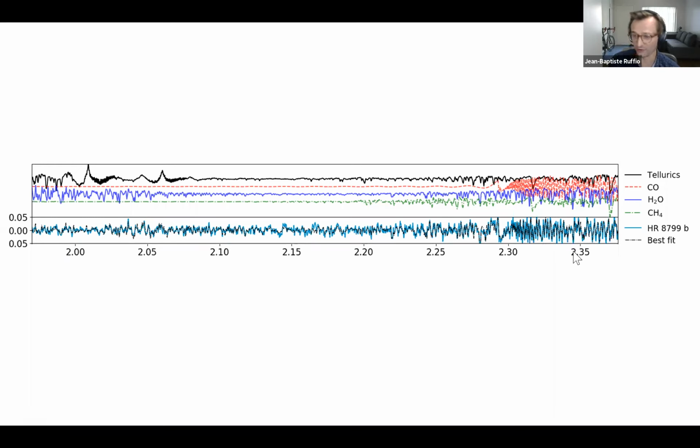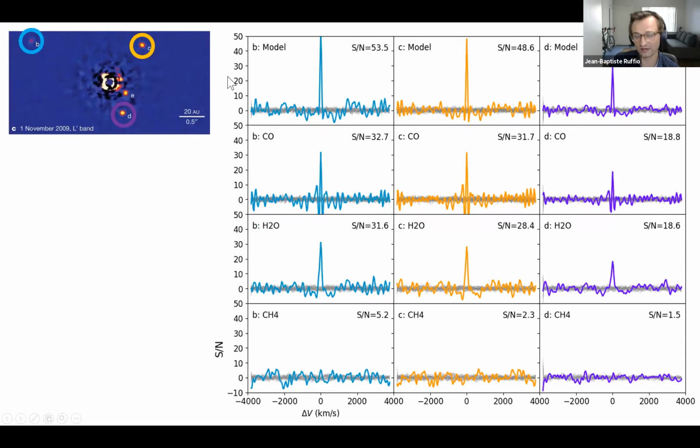We're forward modeling the data directly, the spectral cubes, but it's just a detail. The idea is that if we take these molecular templates that are shown on top and fit them to our data with different radial velocity shifts, we can get plots like this, where we have the signal-to-noise ratio of the fit as a function of the radial velocity shift. They're similar to cross-correlation functions. I mean, they're basically the same, just the forward modeling version of it.